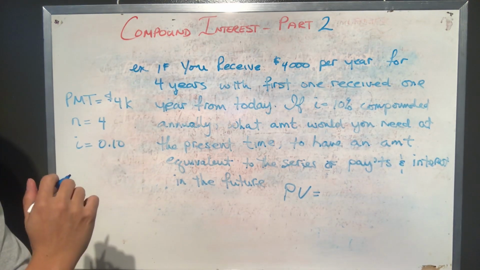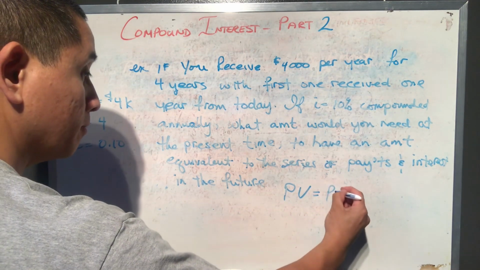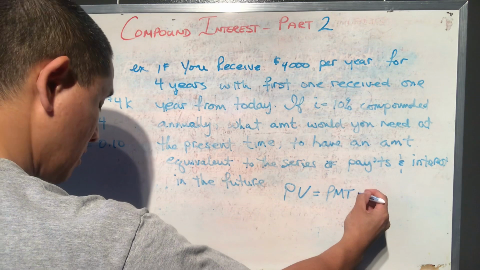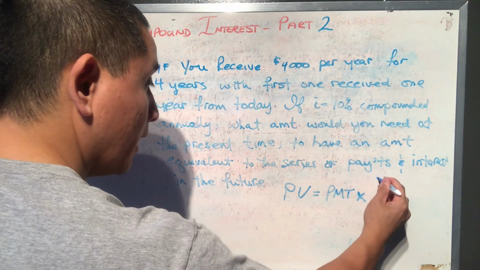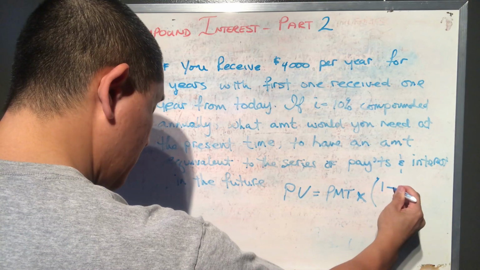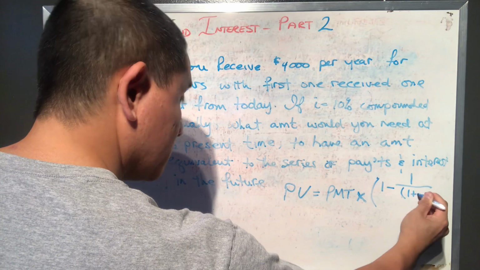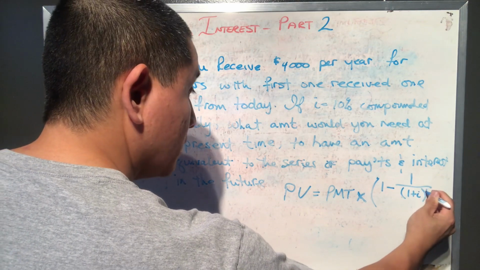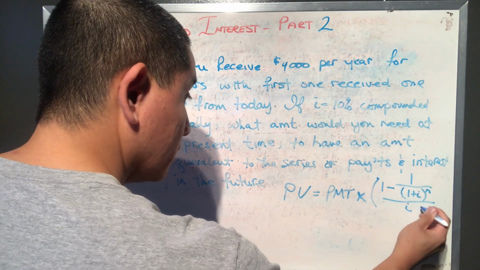If we were to plug this into a formula, present value is equal to payments multiplied by 1 minus 1 over (1 plus I) to the compounding period, all over I.